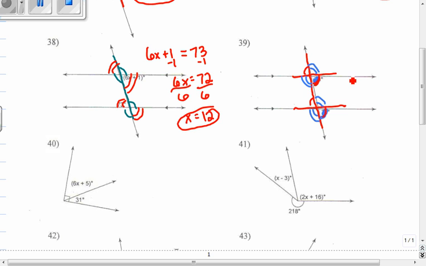So we have on our problem 78 equals 3x, since they are the same. So we divide both sides by 3, and we get x equals 26. Very good.